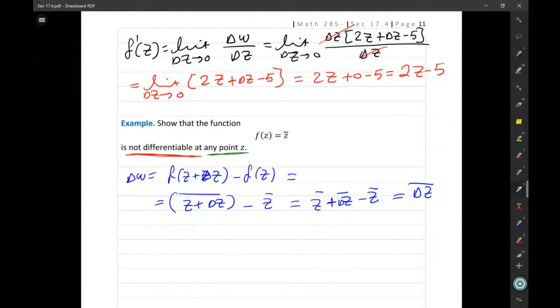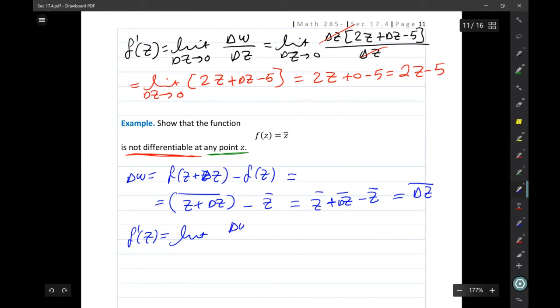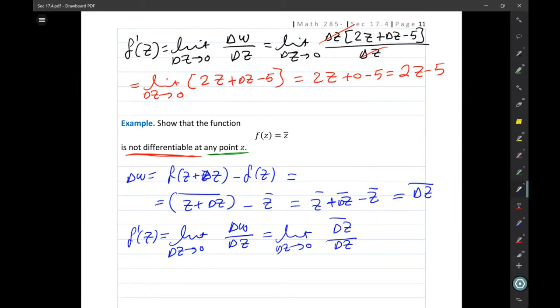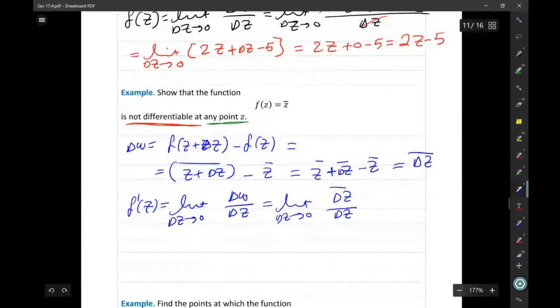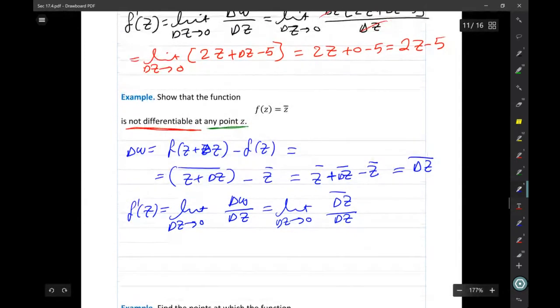Now f prime at any number z is equal to the limit of delta w over delta z, where delta z goes to 0, which is the limit of delta z conjugate divided by delta z, where delta z goes to 0. Now delta z is equal to what?